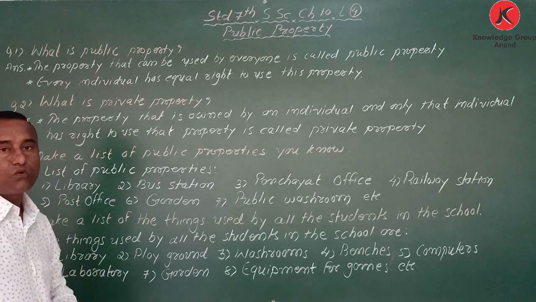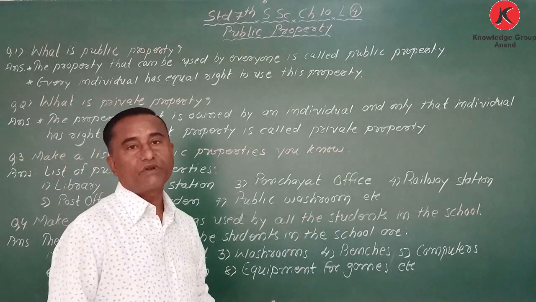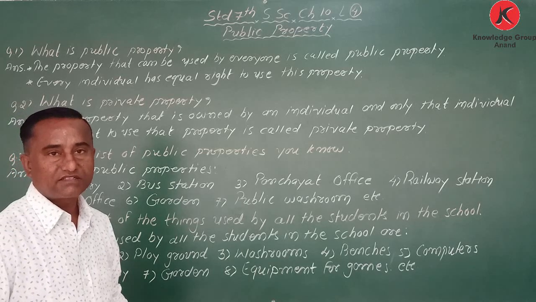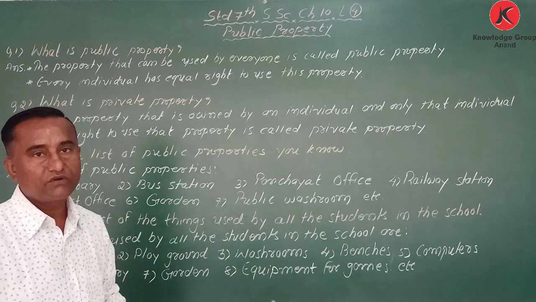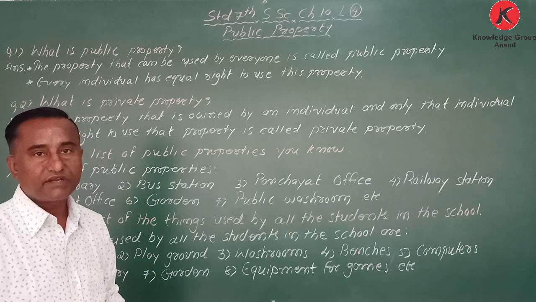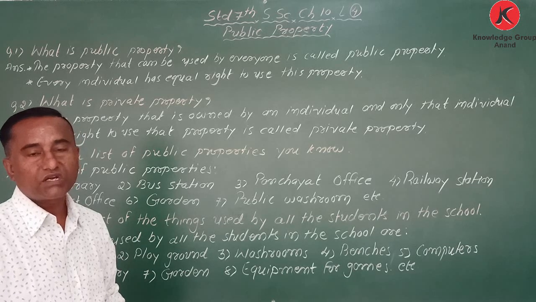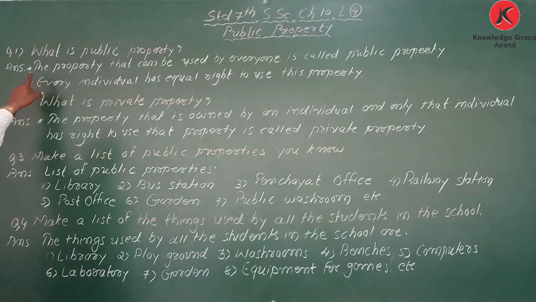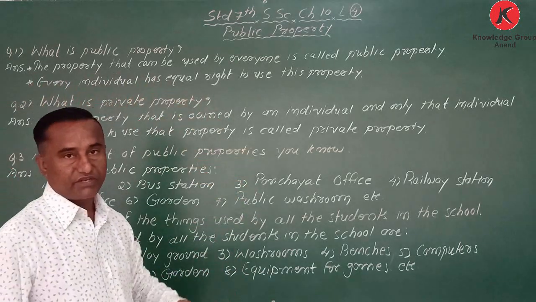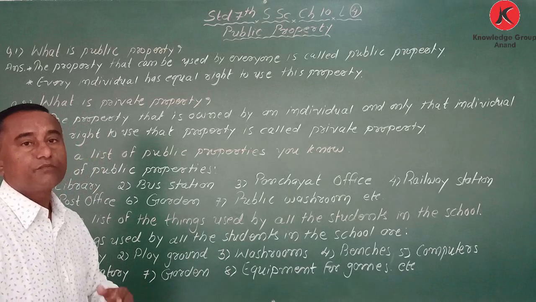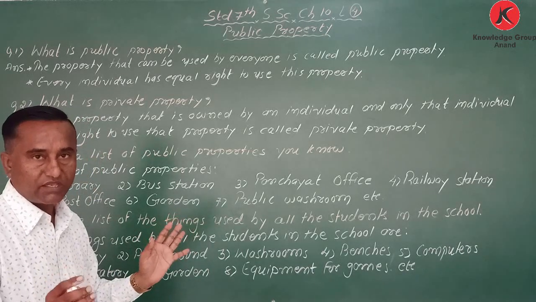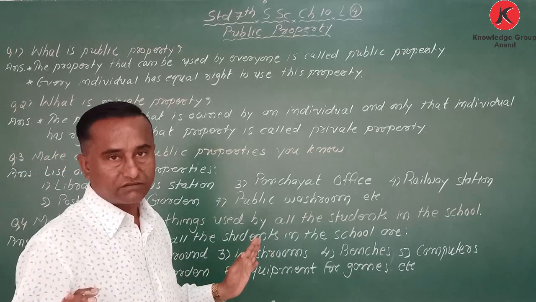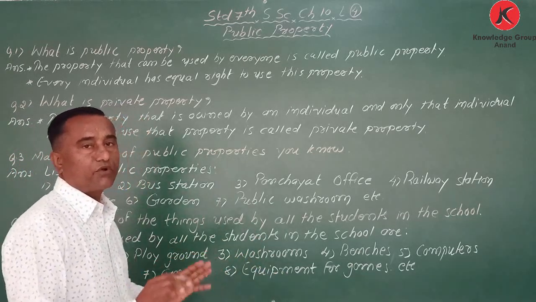First question: what is public property? My dear student, in my first and second lecture I have already explained what is public property as well as what is private property. Public means people, everybody. So the things which are used by everyone are called public property.